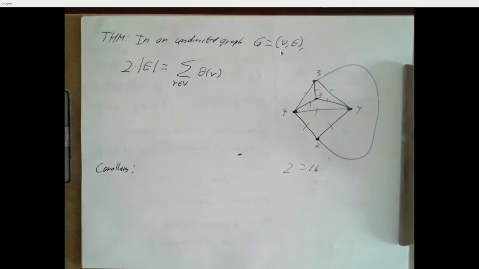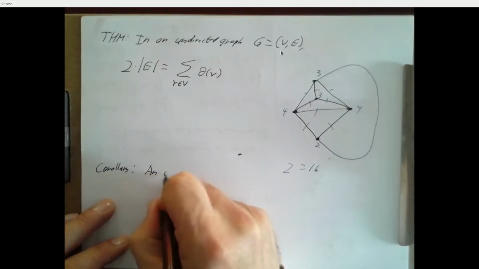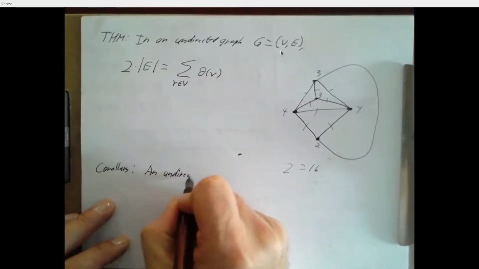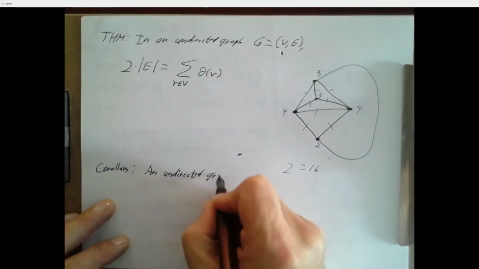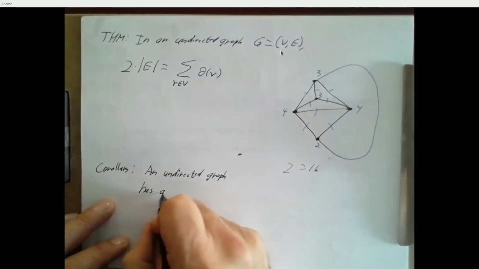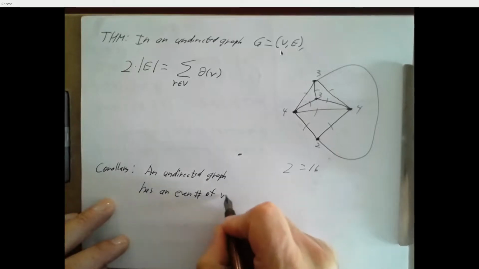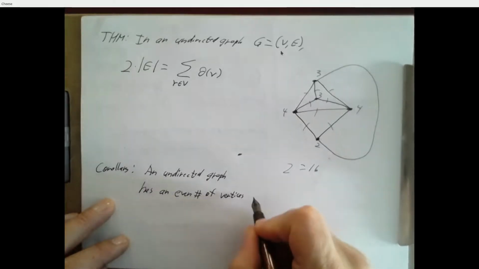So here's a corollary. An undirected graph has an even number of vertices with odd degree.